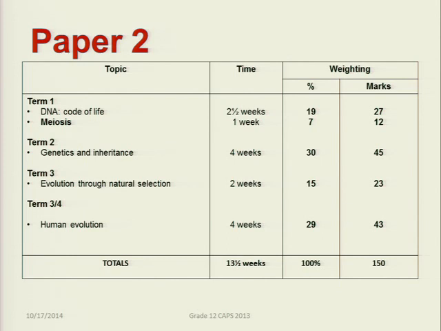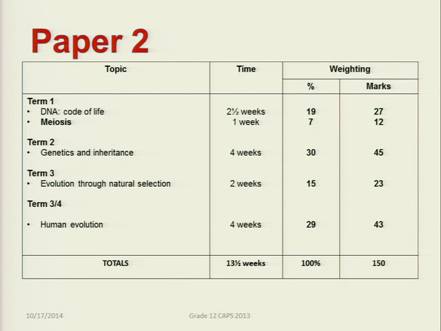In term 3 and 4 is human evolution, 29% and 43 marks. All in all, you calculate 27, 12, 45, 23, 43. They give an amount of 150. That is the paper.